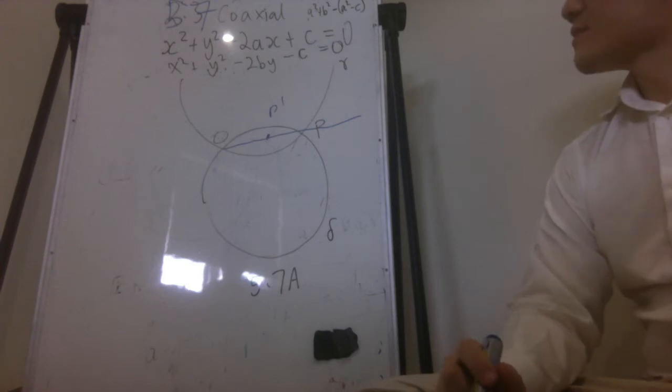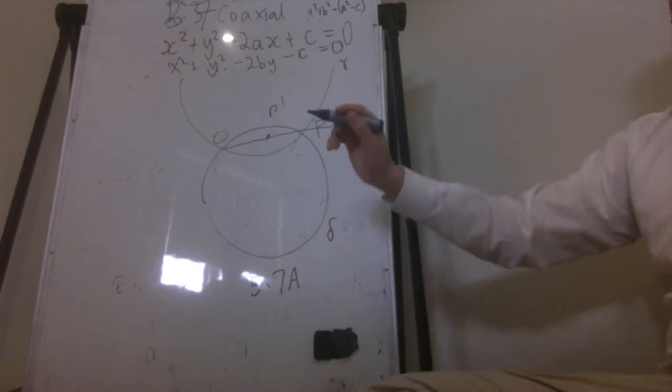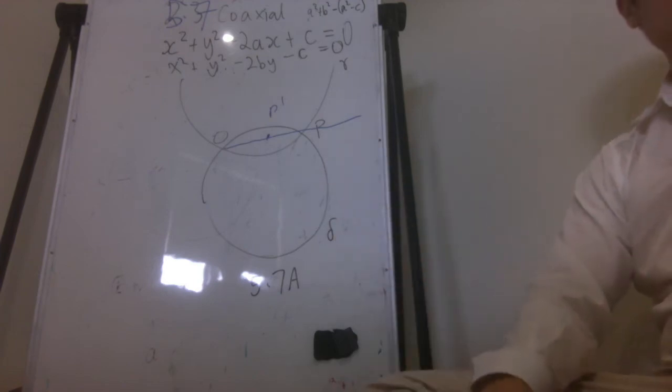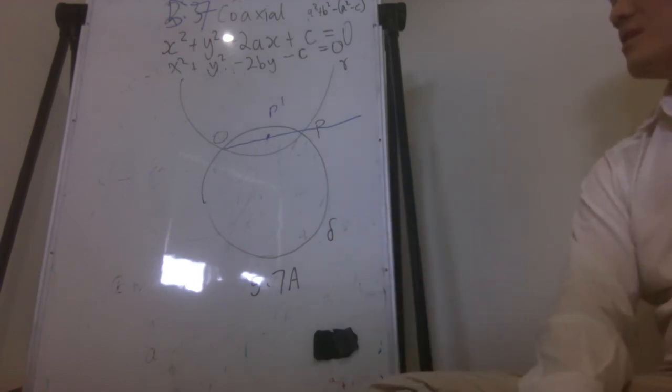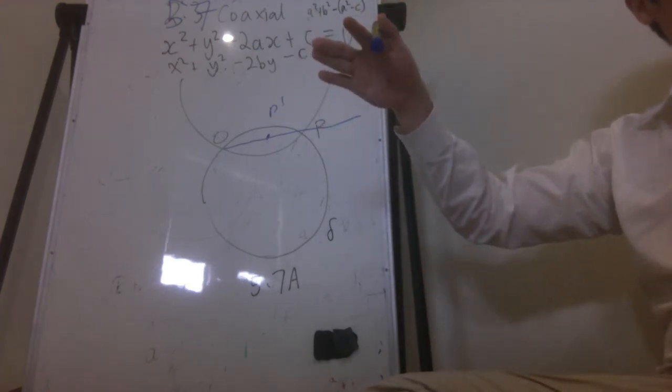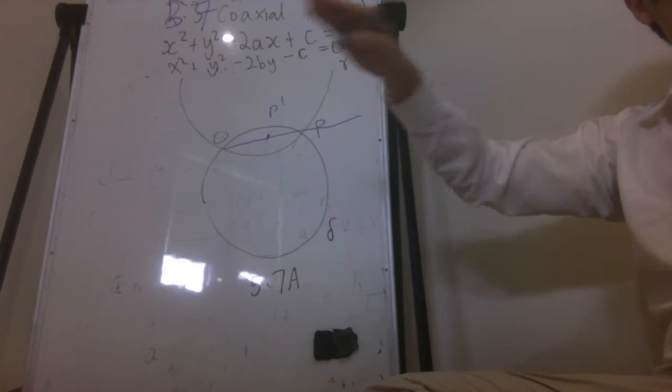It doesn't say explicitly, but I think what we're trying to do is invert gamma and delta, the circles. First of all, you know that circles that go through the center of the inversion circle turn into straight lines.